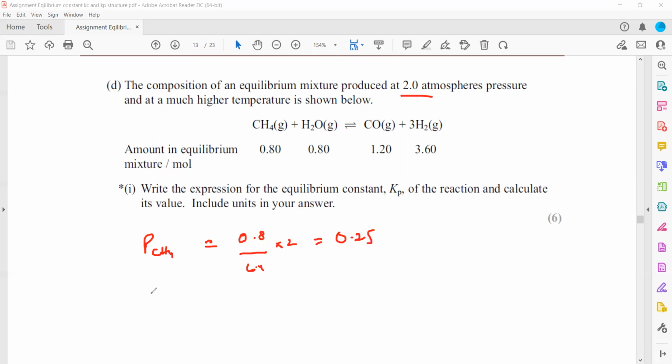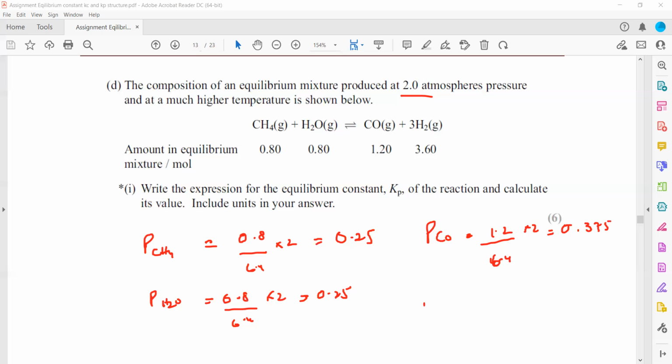In the same way, for water, the moles of water are 0.8, the total number of moles remains the same, multiplied by 2, so we also get 0.25. Then the pressure of carbon monoxide is 1.2 divided by the total 6.4 times the total pressure 2, so 0.37.